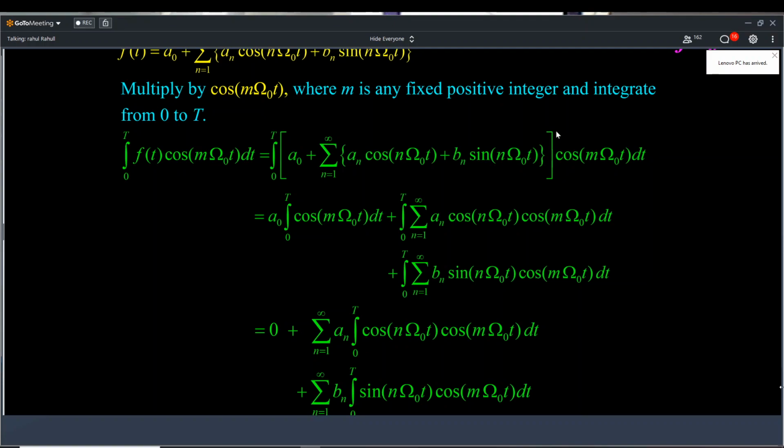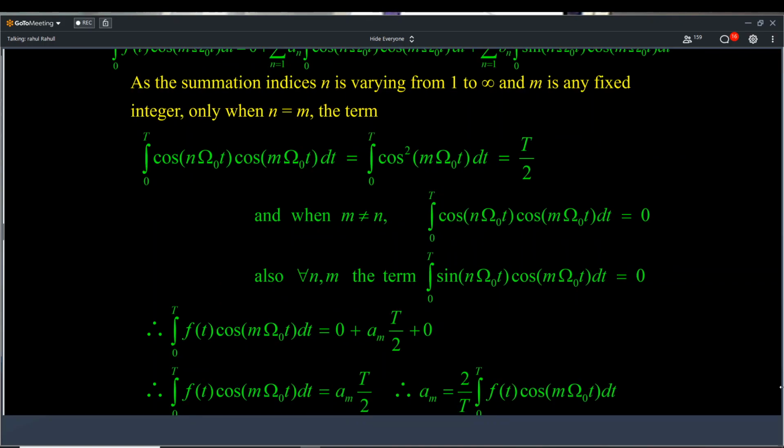Now when you expand this and use the orthogonal properties, see the second step: an cosine of m omega 0 t cosine of n omega 0 t, the product. Whereas in the next term, sine multiplied by cosine, this integration gives you a 0 result, and that's why the a0 term and bn term become 0 and only the cosine term remains. Now it becomes cos square when m is equal to n.